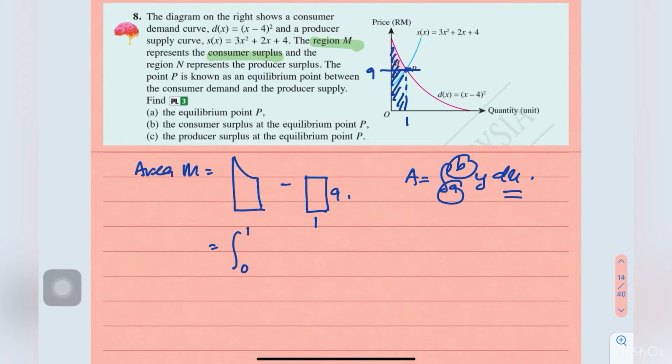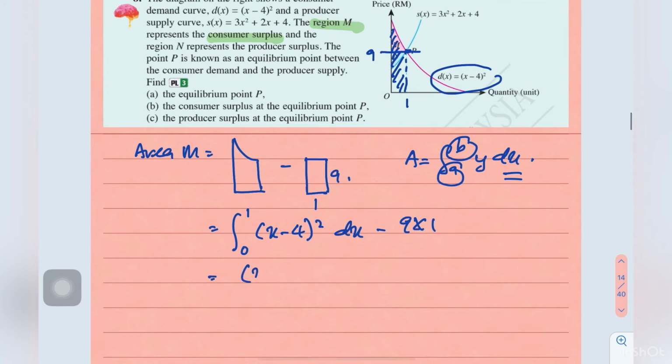Okay, y this one, we choose the curve, the pink curve, which is (x - 4)². Okay, dx minus area of rectangle is 9 times 1. Okay, so this one we integrate (x - 4)³ over 3 times the derivative of (x - 4), which is 1.